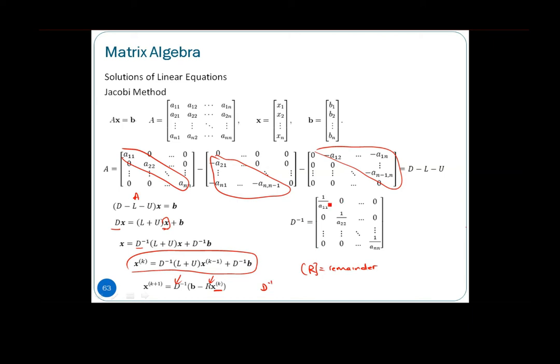If you have a diagonal matrix, the inverse is simply 1 over A11, 1 over A22, up to 1 over Ann. It's easy to determine. Then multiply with the b matrix, then minus the remainder matrix times the current x k. The remainder is the lower triangular plus the upper triangular, these two parts added together.